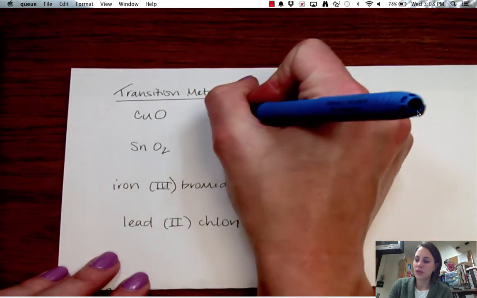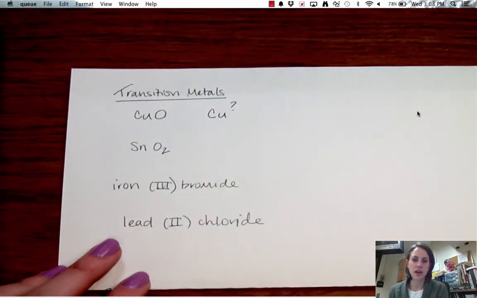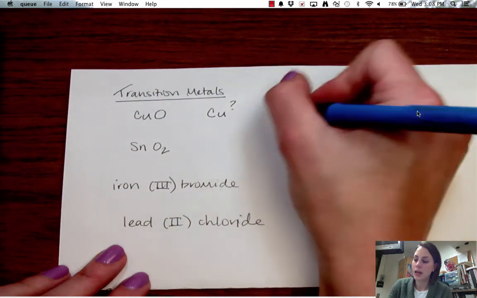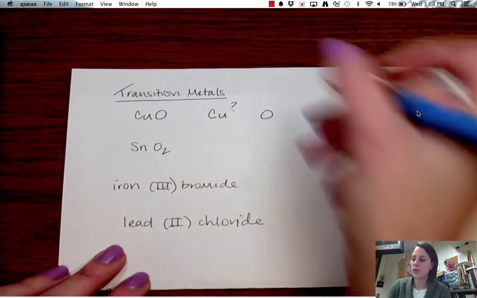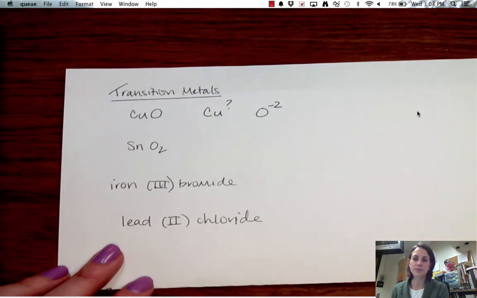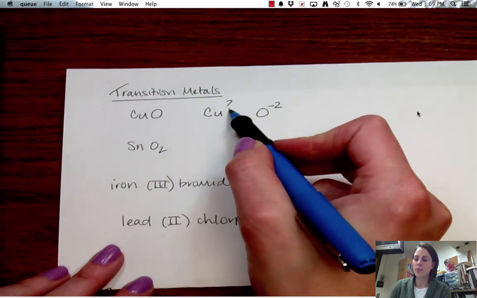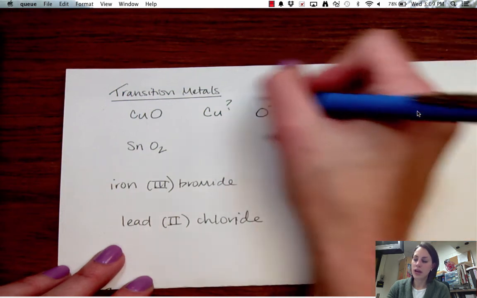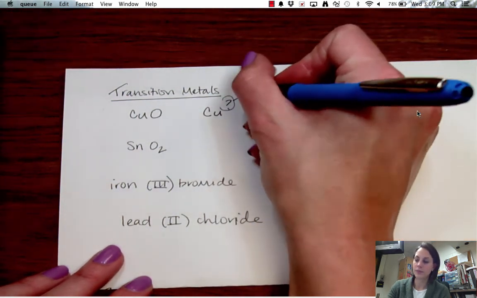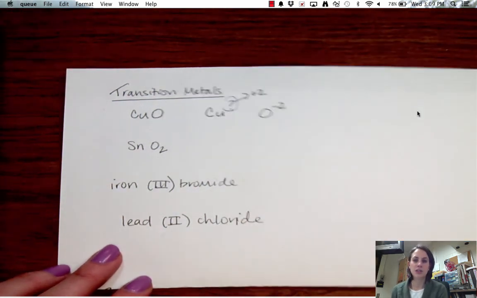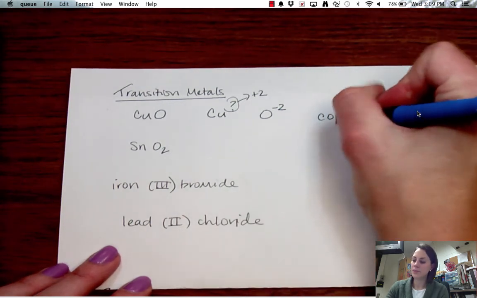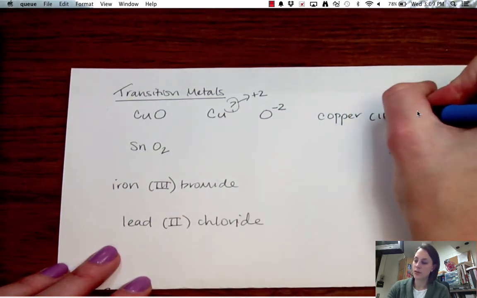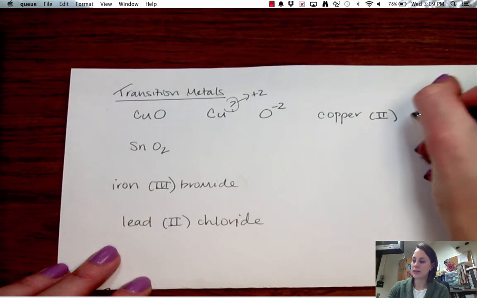So if I do copper, I don't know the charge on that, but I know there's one of them, and oxide, there's one of those with a -2 charge. So something plus -2 has to equal 0. So copper is a +2 charge. So my name is copper 2 oxide.